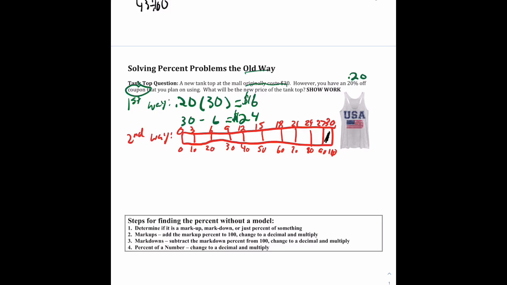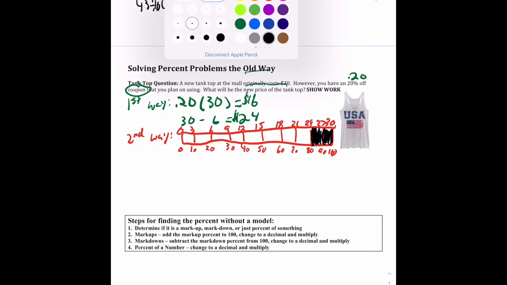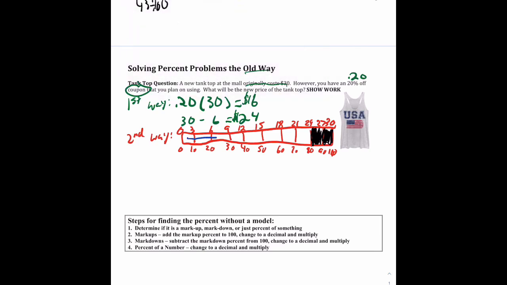So take off this 10%, take off another 10%. So you're really only paying for this. You're really only paying for 80% of it. And 80% of 30 is 24.